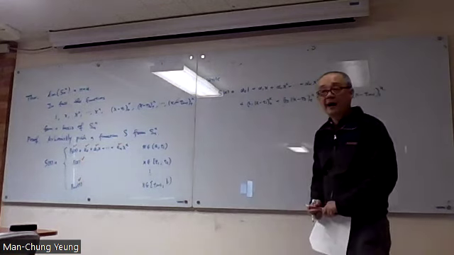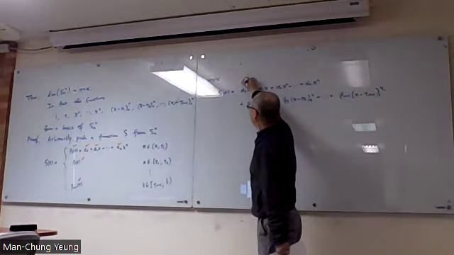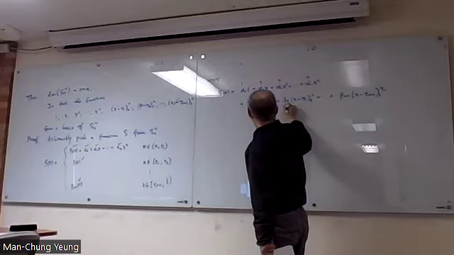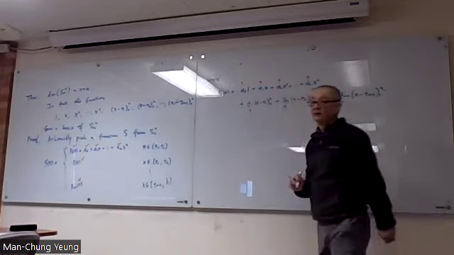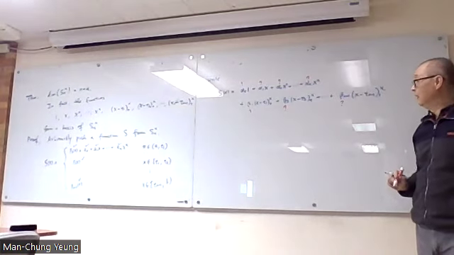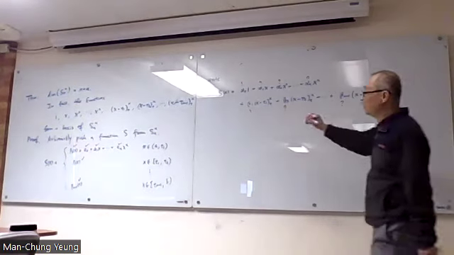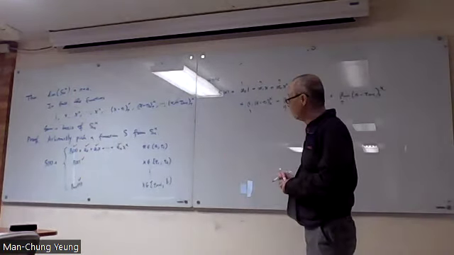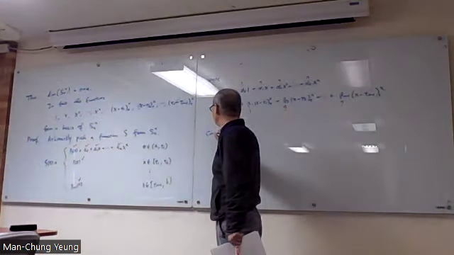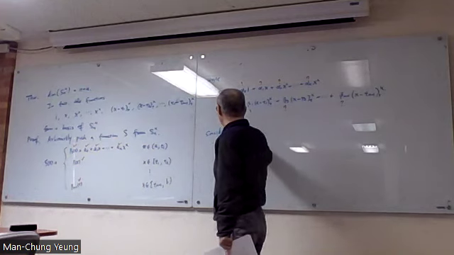What alpha and beta are will be determined. At this point, I don't know them. I want to determine alpha and beta so that this equation is true. Consider this interval first, a to t1.